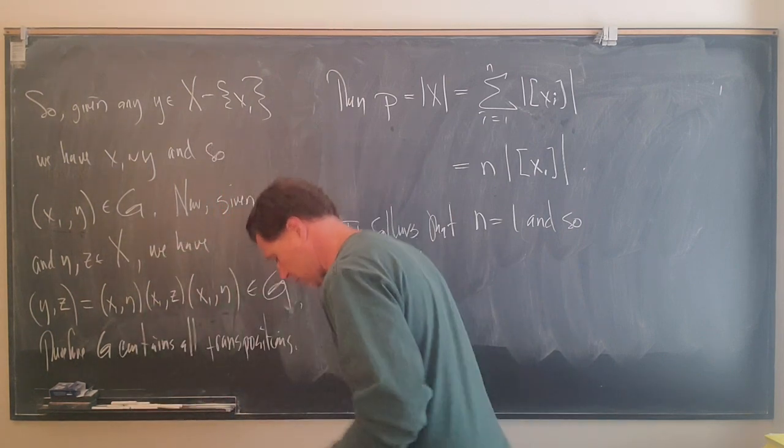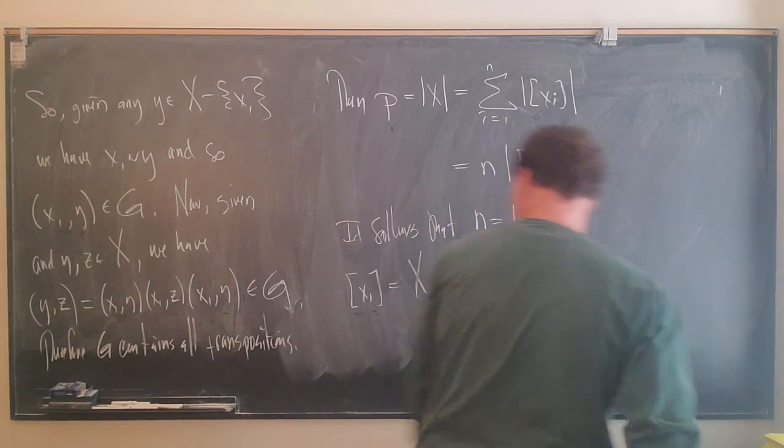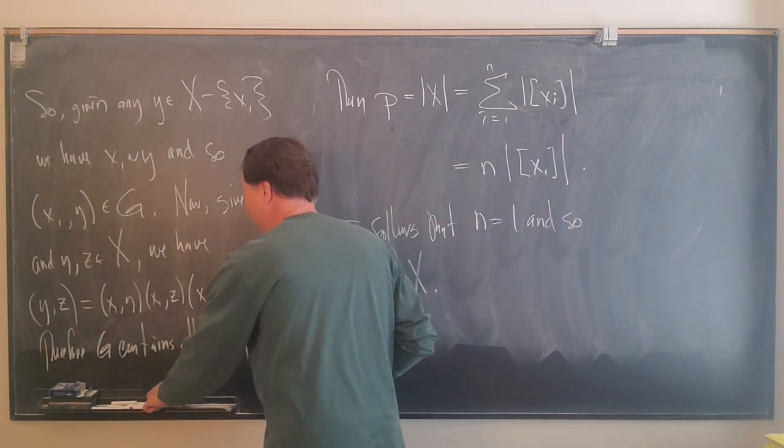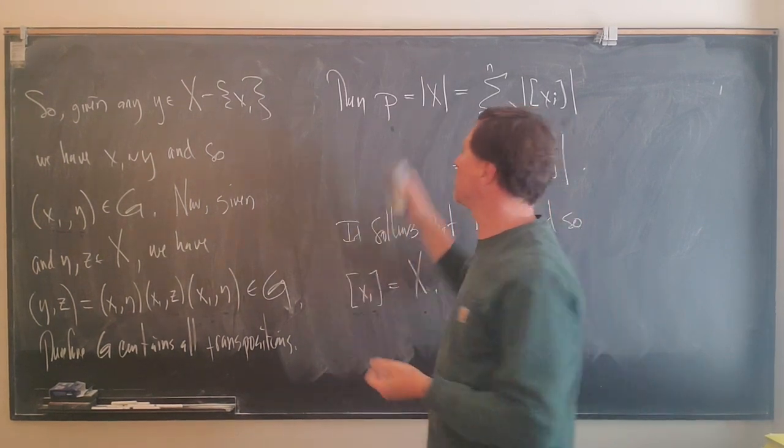All right, so every transposition lives in G. And then you have to remember back to Math 481, right? S sub x, the group of permutations, is generated by its transpositions.